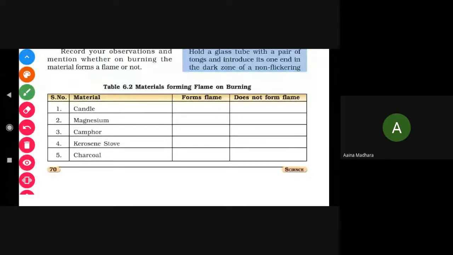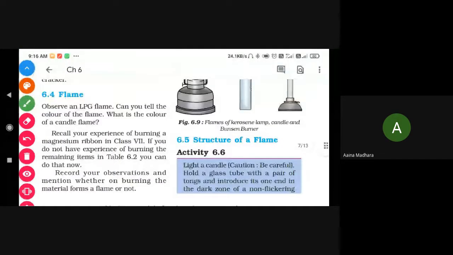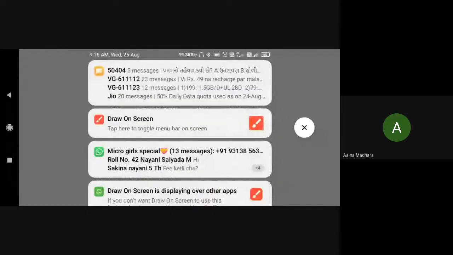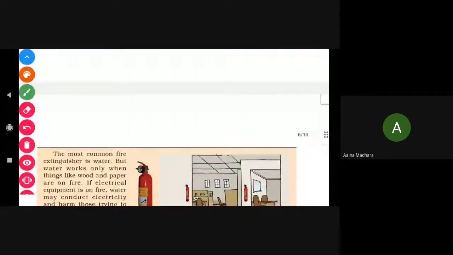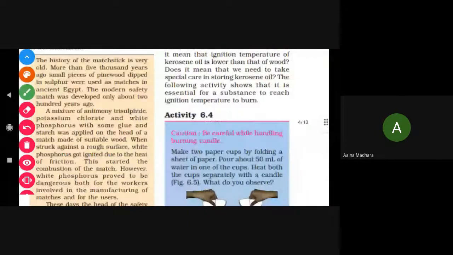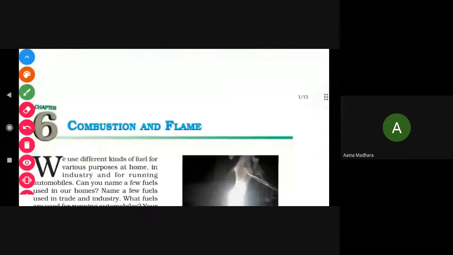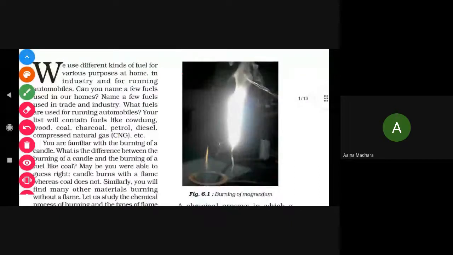Just a minute. Does the candle produce flame? Yes or no? Yes. Does the magnesium ribbon form the flame? Yes. Which flame? What is the color of that flame?